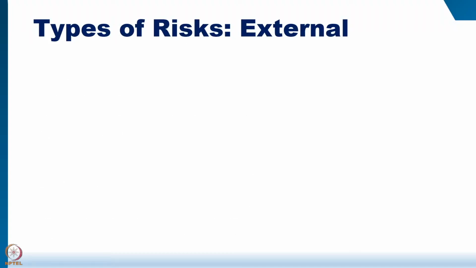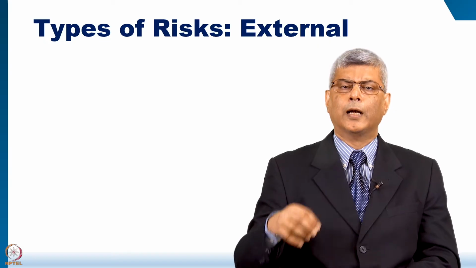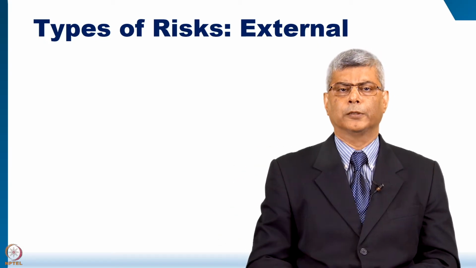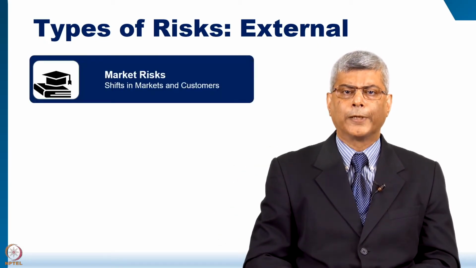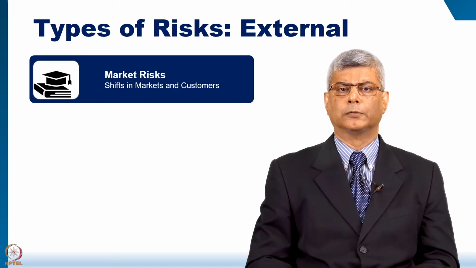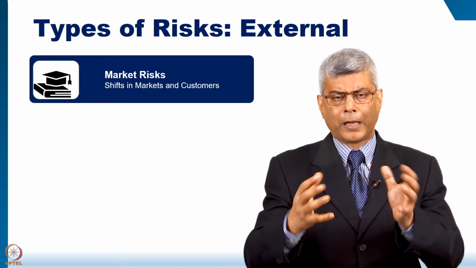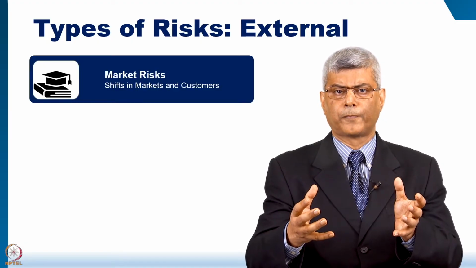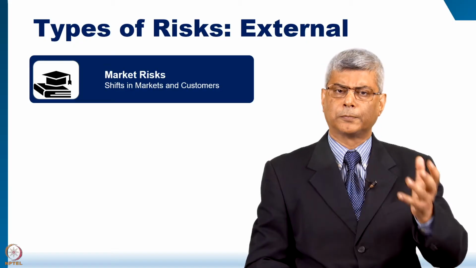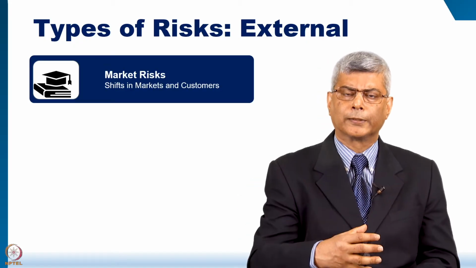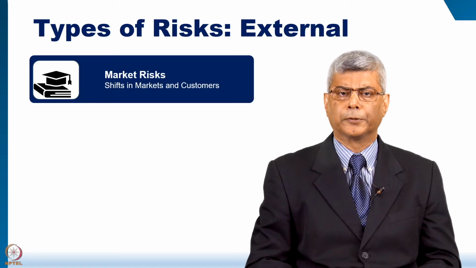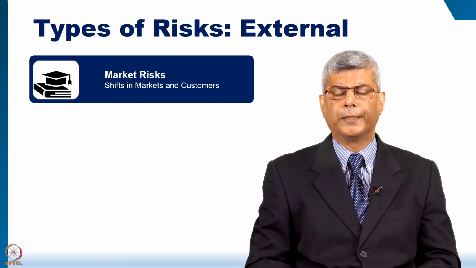Let's look at risks which arise for reasons outside the company. For example, it could be a market risk. A company is working in a market, and there are risks in the market itself. For whatever reason, customers are moving away, competitors are moving in, etc., etc. We'll look at them in details in a while.